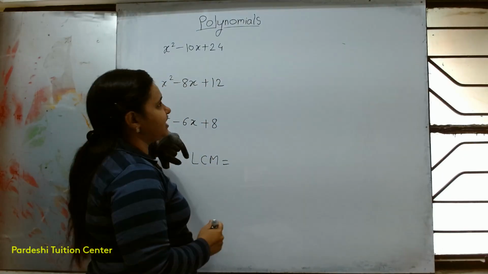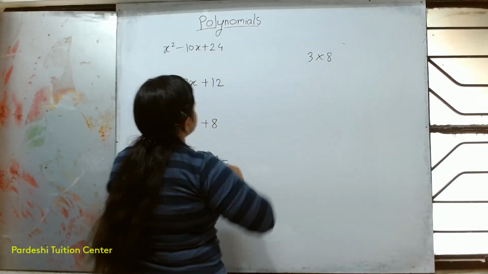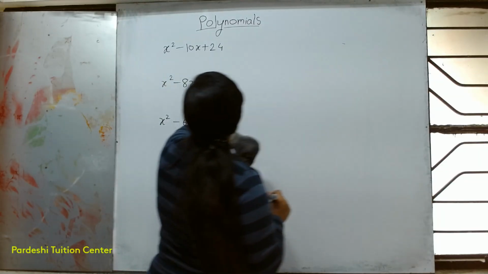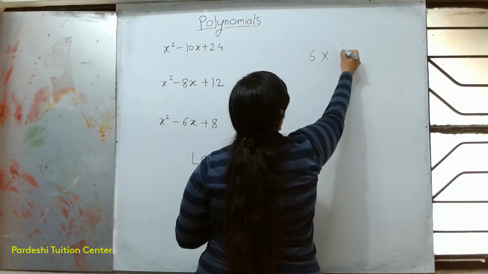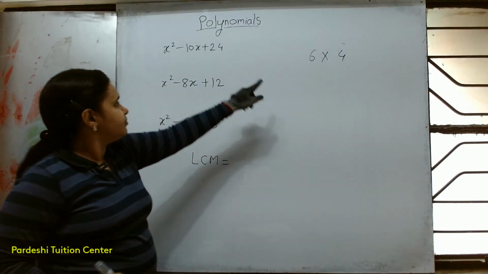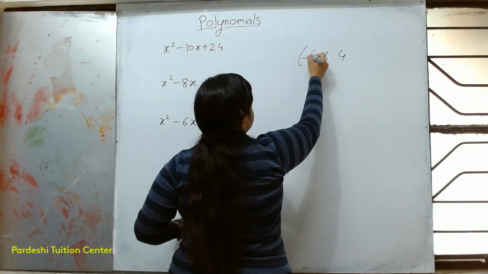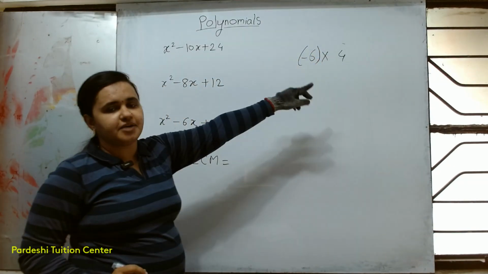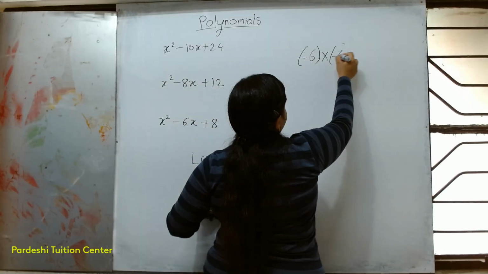Again we will find another factor, 3 8s. It will also not work. Okay, 6 4s is 24 also. 6 multiplied by 4 is 24, but we want minus. So if I take minus 6 multiplied by 4... okay, again you have to take minus here.